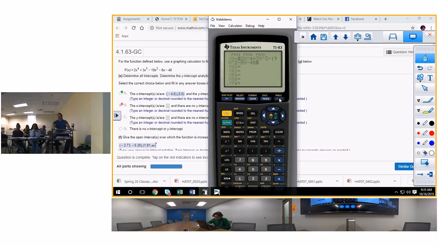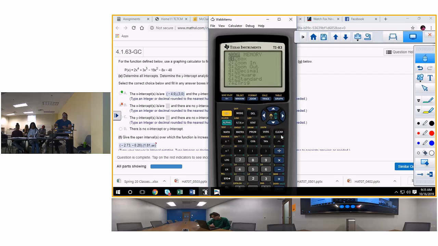And graph, and hit zoom standard. So zoom, whenever it gets finished. Standard is 6.